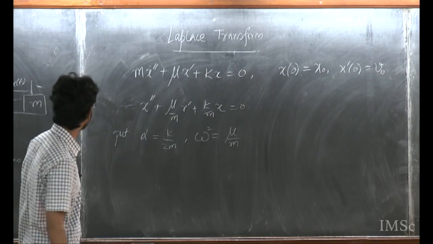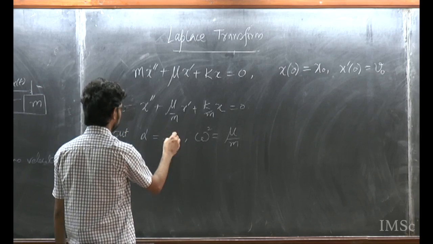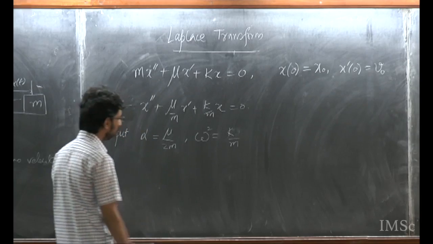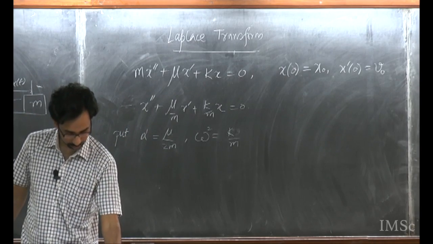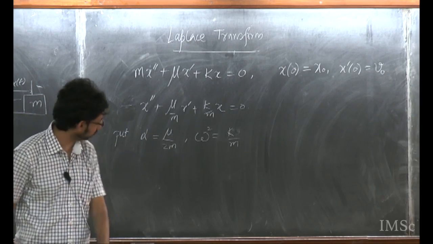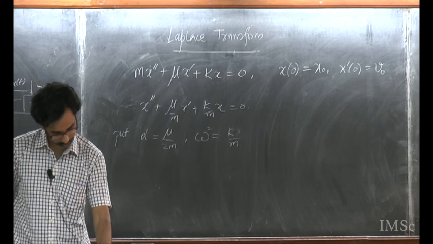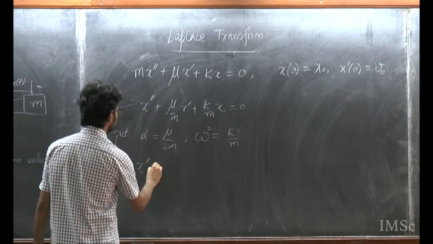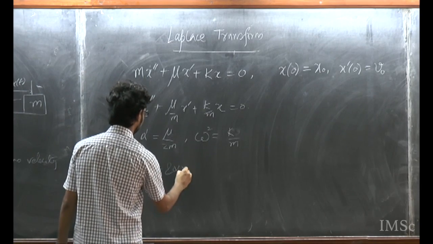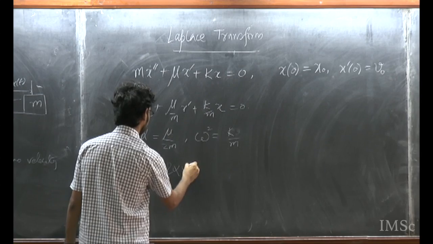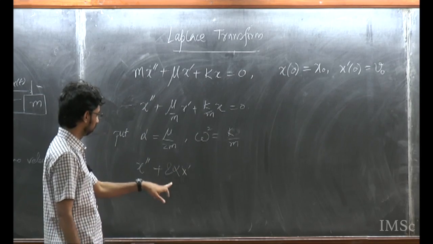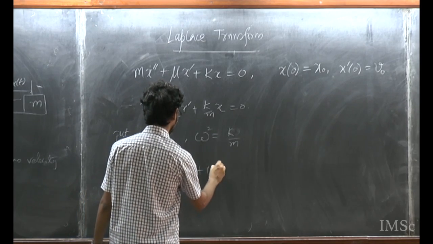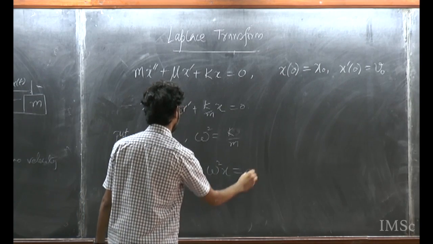No, it's the other way around actually. This is mu, this is k. And you'll see how this makes things easier. Yeah, this is correct. So what do you have? Plus 2 alpha x prime, because there is a 2 here, so we have to multiply with the factor of 2, plus omega square x equals 0.